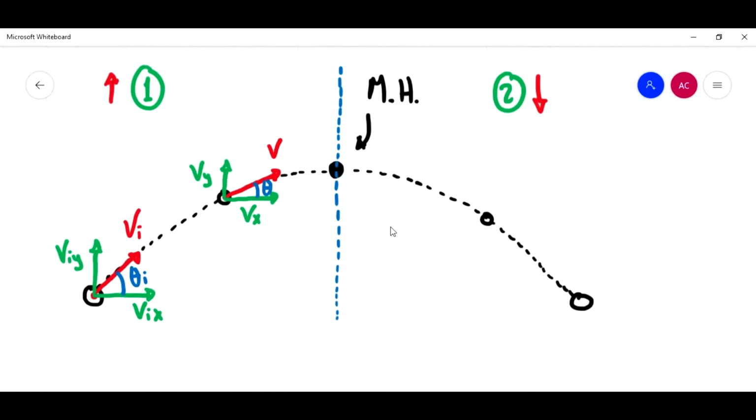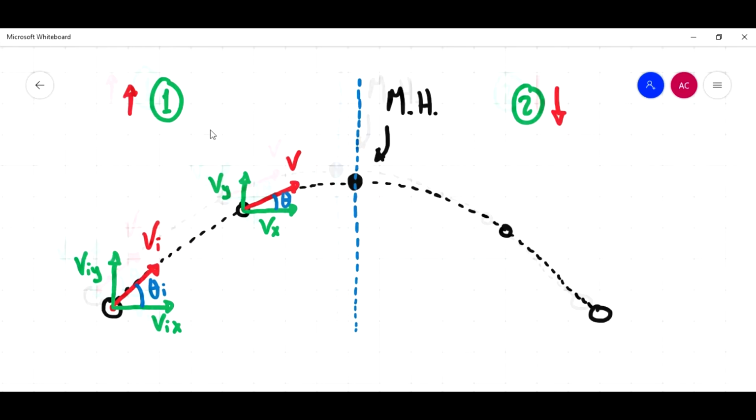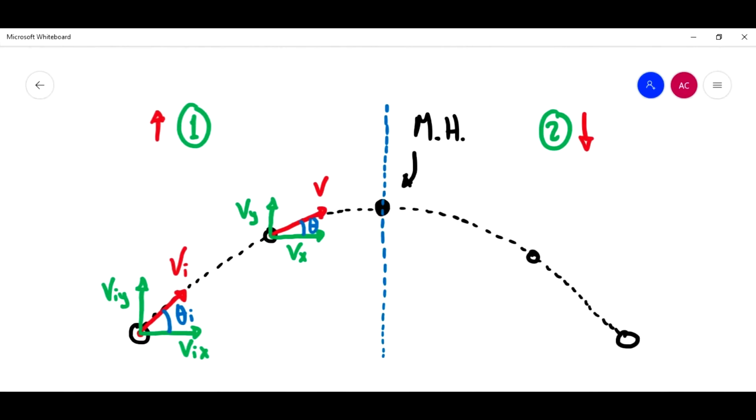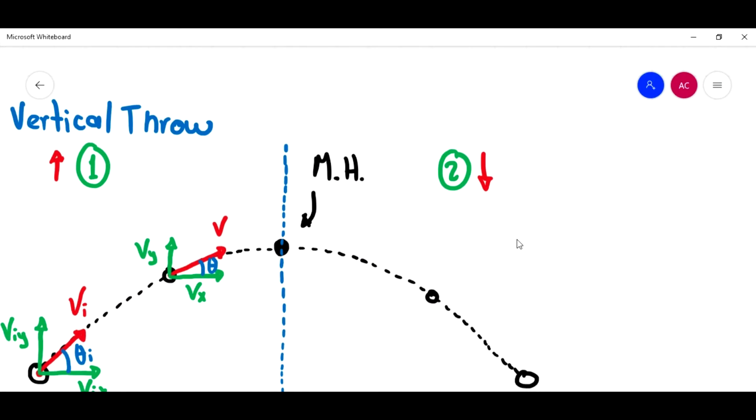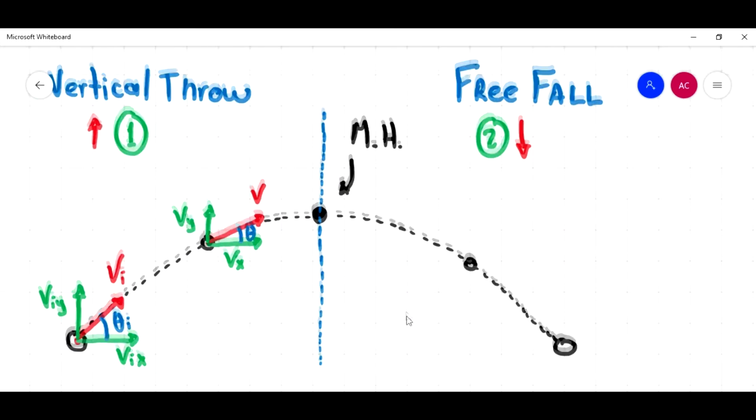Just remember, this first segment could be treated as vertical throw, and I'm talking in the y dimension. The second segment can be treated as free fall. If you remember, we already saw those topics.